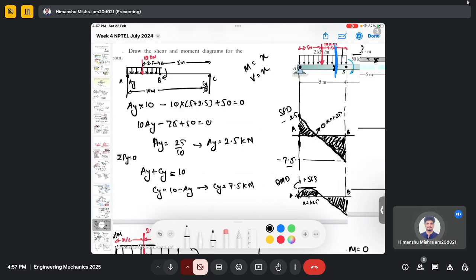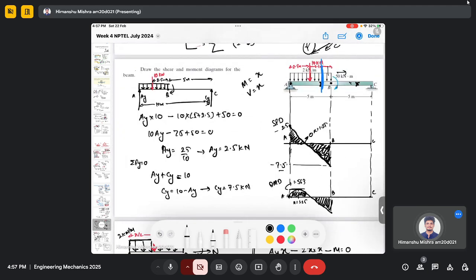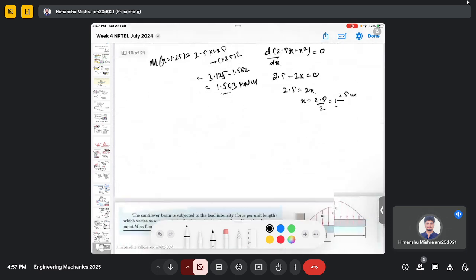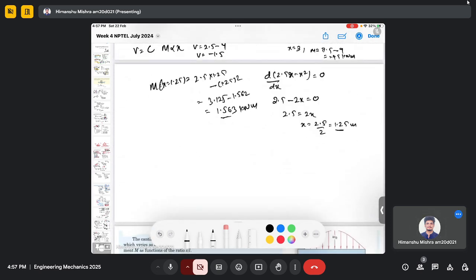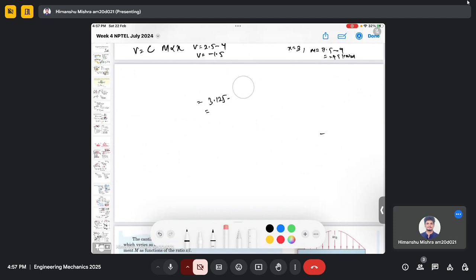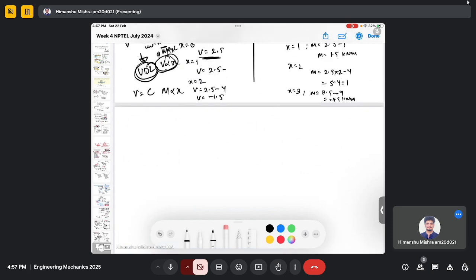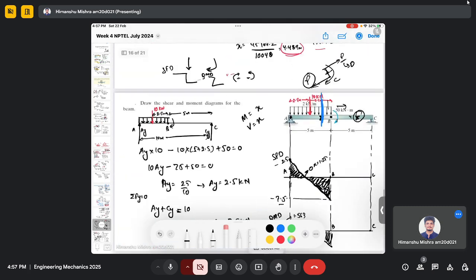So as of now, we have calculated shear force and bending moment between A and B. Now we can make a cut and see how the shear force and bending moment change. So now we make another cut somewhere between B and C. Let's say somewhere here.